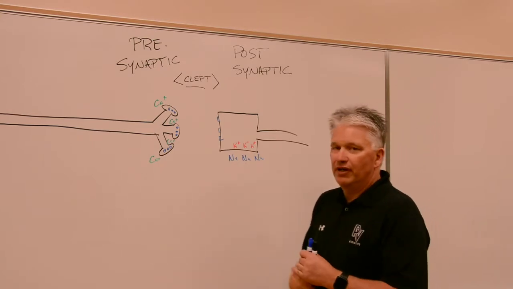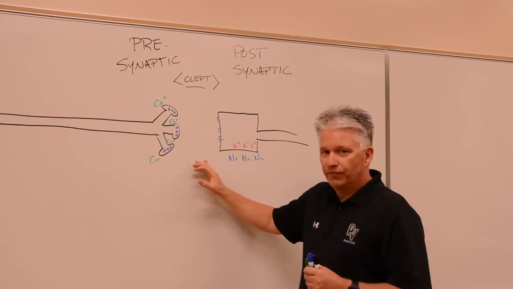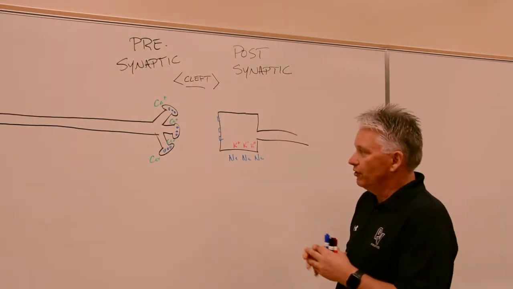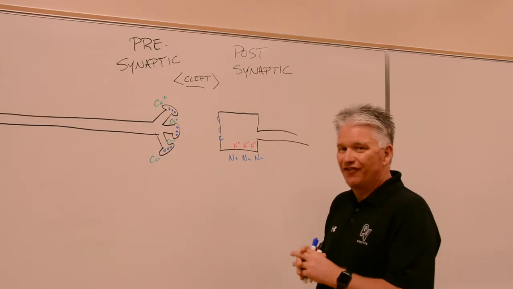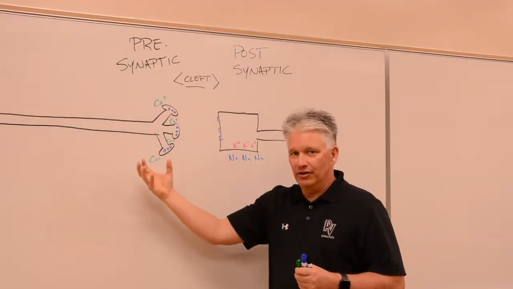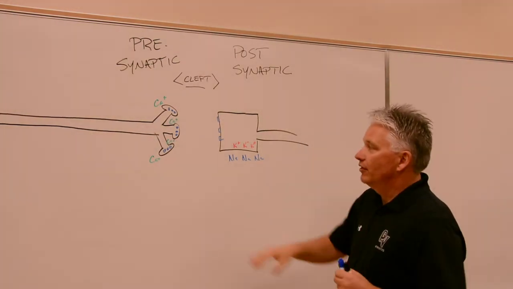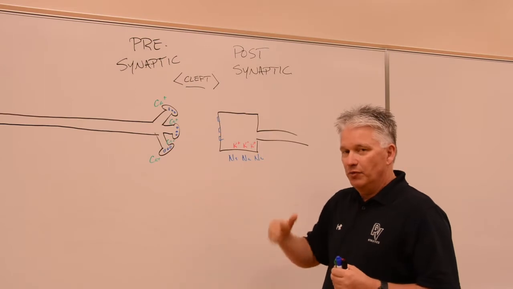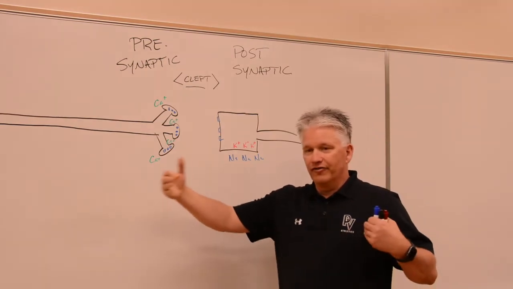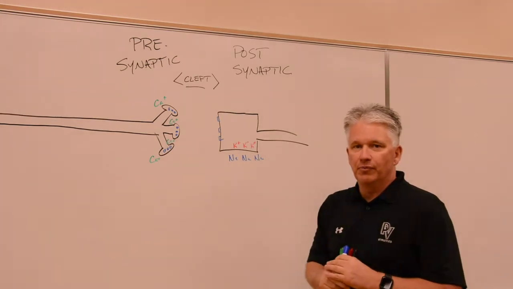This is going to be the slowest part of the transmission. The chemical neurotransmitter is not as fast as the depolarization, repolarization, the action potential electrical current. So the more synapses we put in a nerve progression, the slower the overall transmission is going to be.